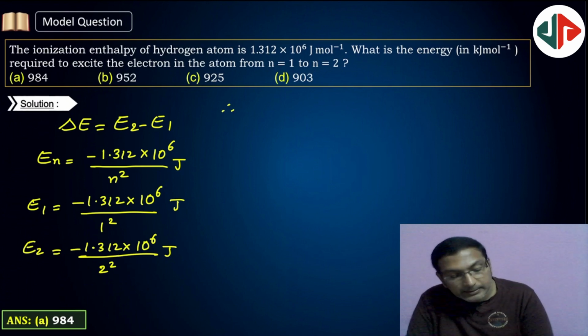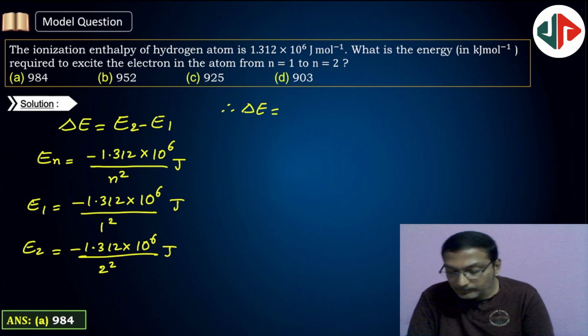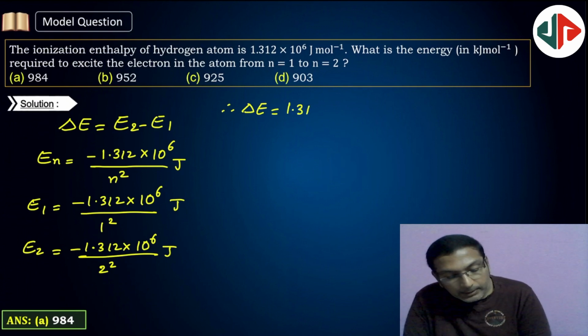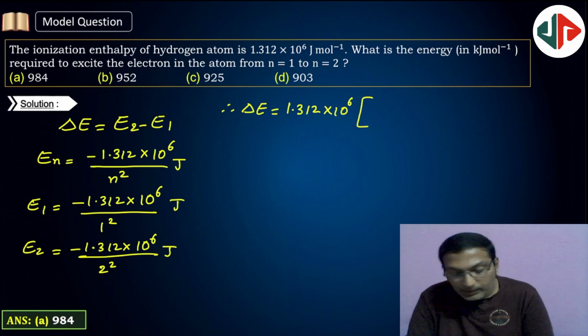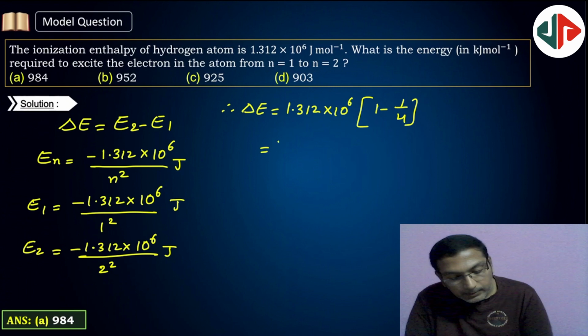So from this delta E equal to 1.312 into 10 power 6 common, 1 minus 1 by 4. So 1.312 into 10 power 6 into 3 by 4.